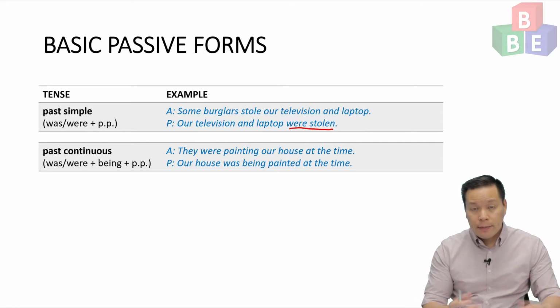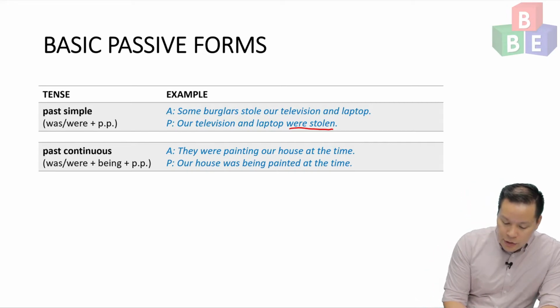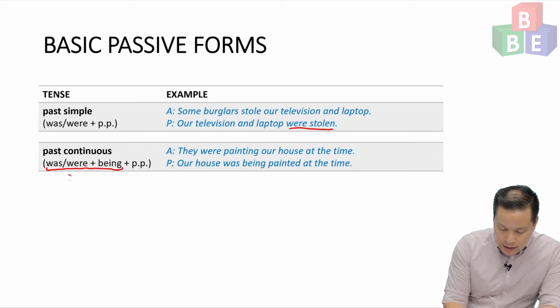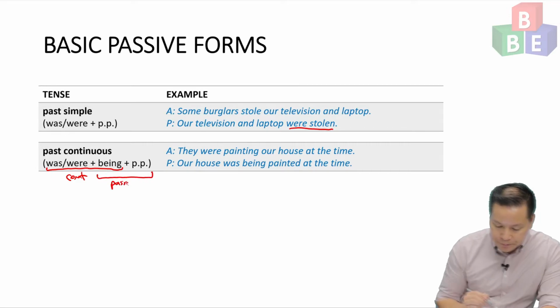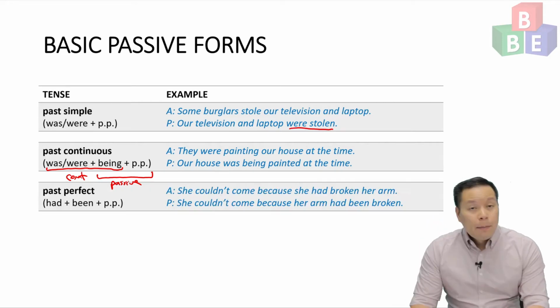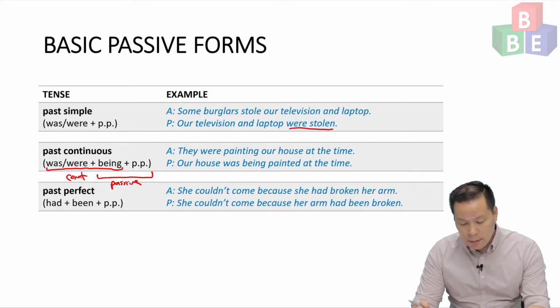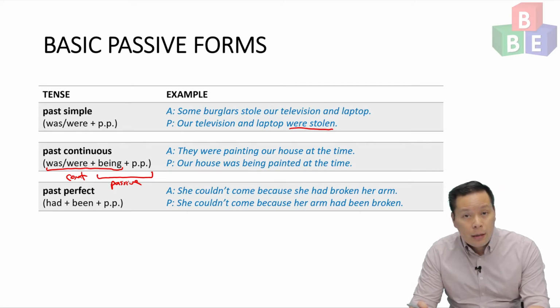Again, this is one of the tricky tenses to construct. So we know that the continuous is made up of was or were plus verb-ing. This is the continuous. And the passive is the be plus past participle. Past perfect, in the active: she couldn't come because she had broken her arm.